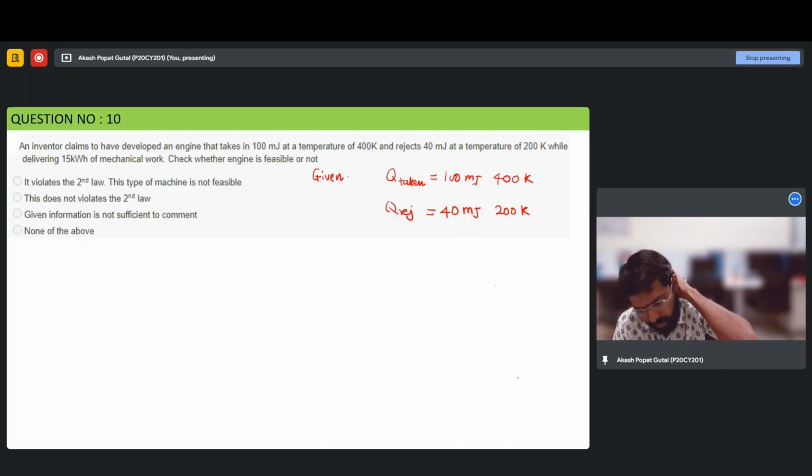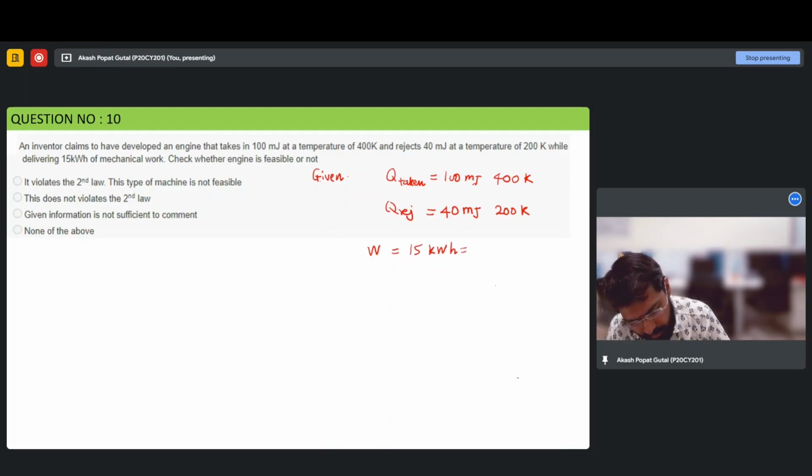Fine. And the person is claiming that the given engine can produce work of 15 kilowatt hour.